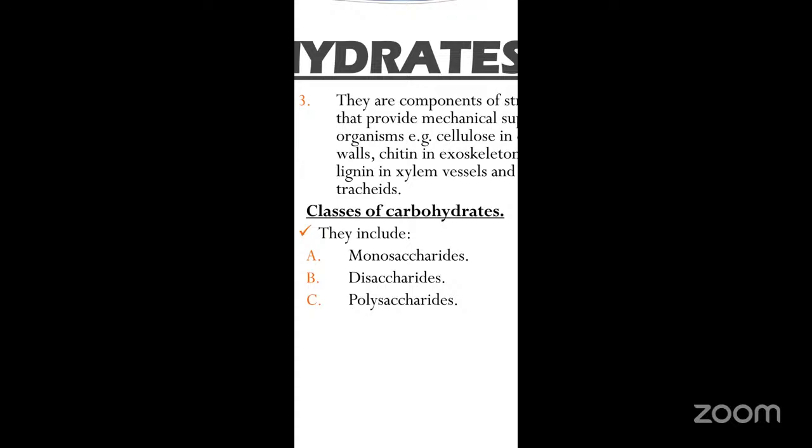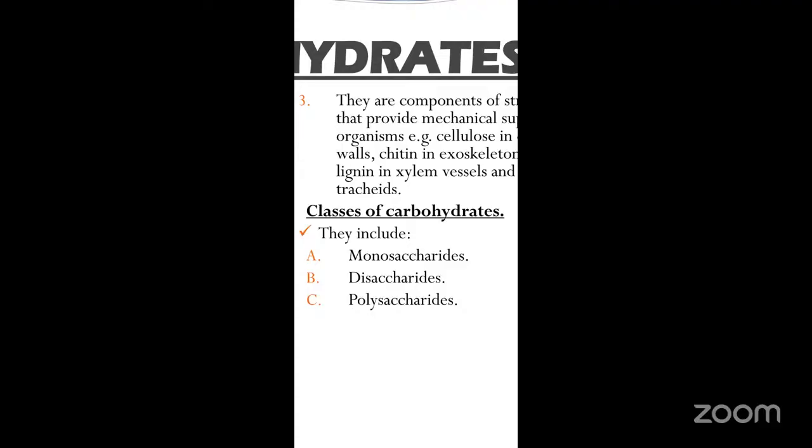So when we have only one molecule of a carbohydrate, we have a monosaccharide. When we have two combined, we have a disaccharide. When we have more than two monosaccharides, we form a polysaccharide.